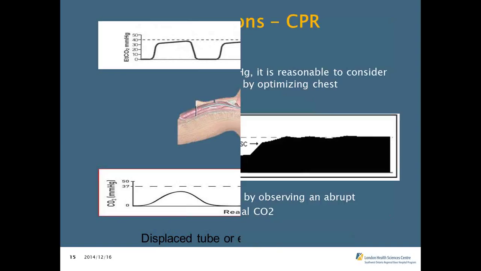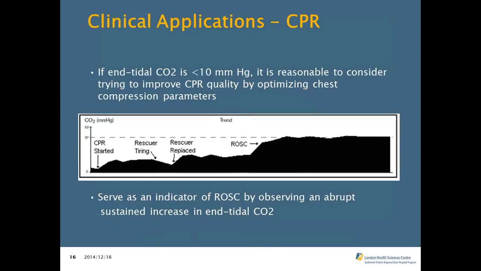Okay. The second clinical application that we'd like to quickly discuss is the use of end-tidal CO2 monitoring with CPR. So if you look at the screen, you can see, and they've detailed, when CPR is started, we've got rescuer tiring, and rescuer replaced.